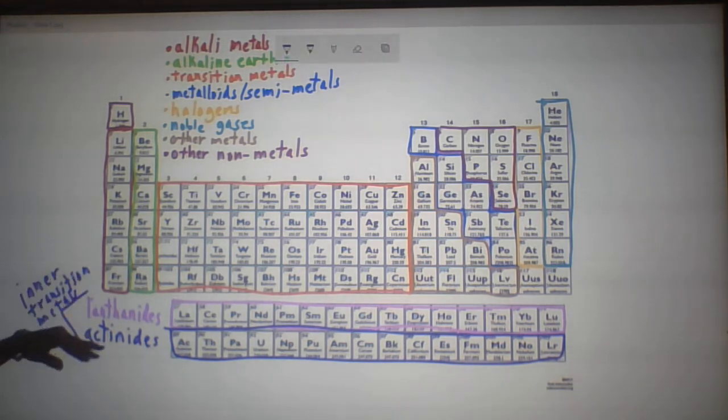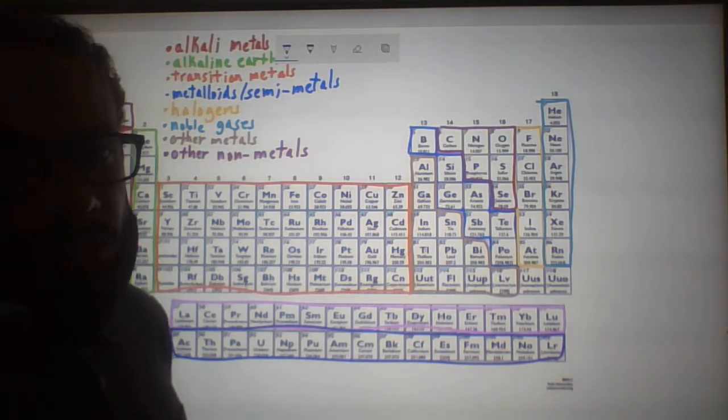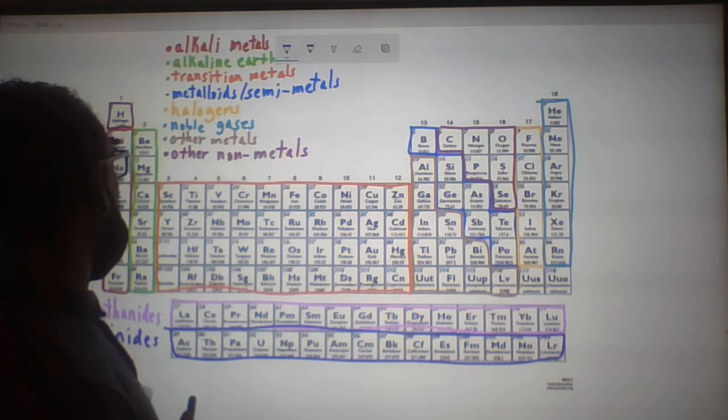All right, so these are supposed to be the inner transition metals. And that'll be all. And then there's a lot of properties that we can get from our periodic table.